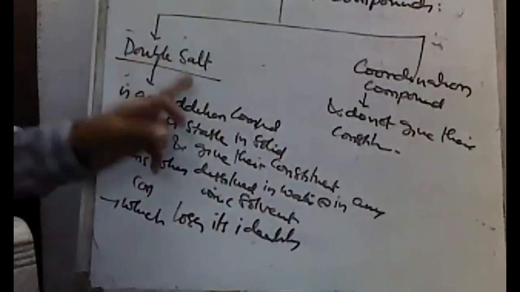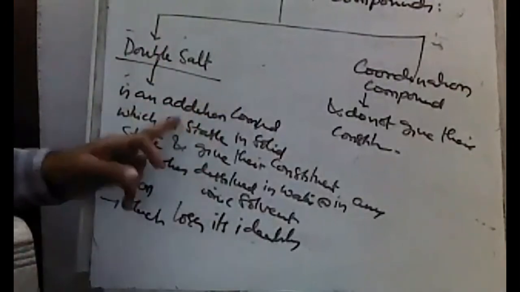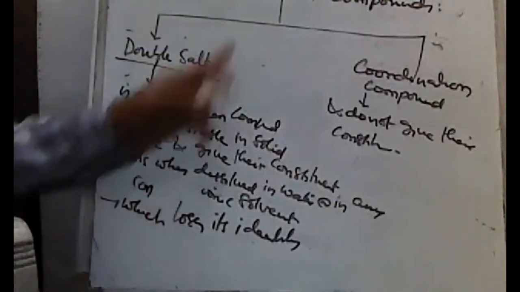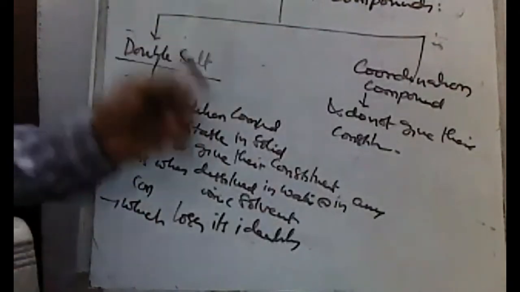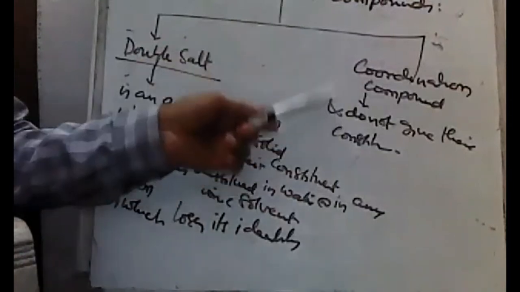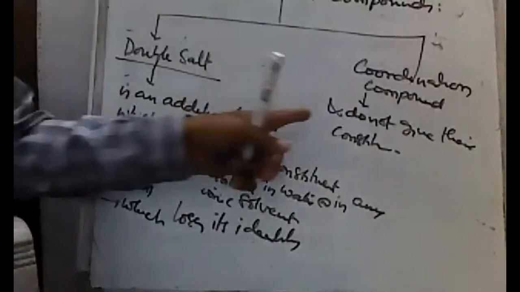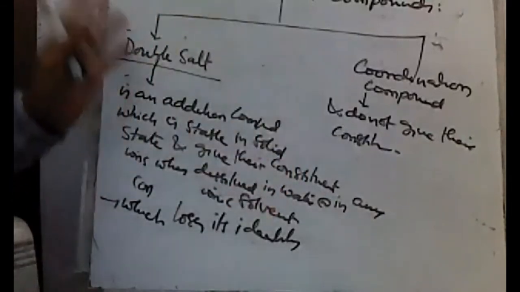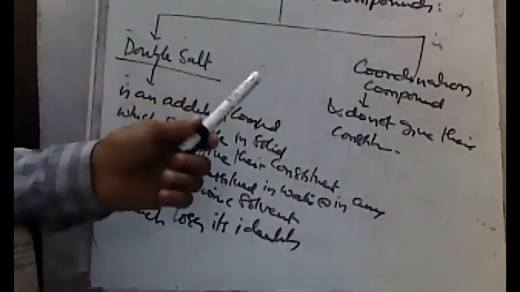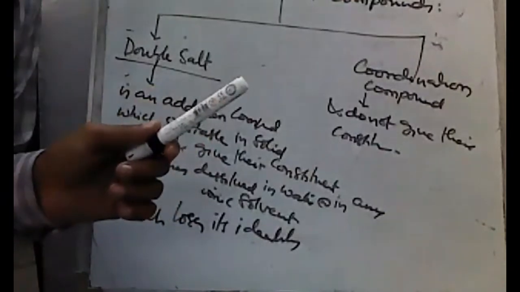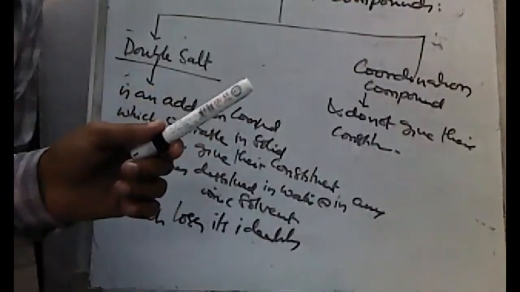It exists as an addition compound in solid form, but when dissolved in water, it behaves like a simple salt. Whereas coordination compound is stable in solid state as well as in solution form, and does not give its constituent ions when dissolved in water or in any ionic solvent.